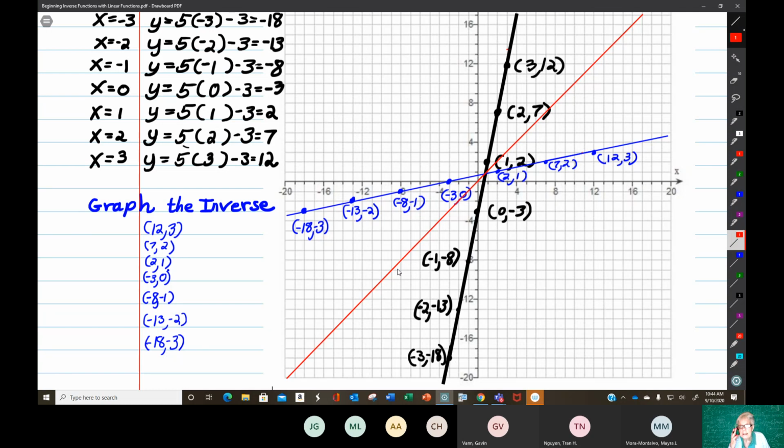And the idea of mirror images is going to be very important very soon, when we deal with something called transformations. Anyway, whatever the two inverses are that you're graphing, they will always be mirror images of each other across that red line, y equals x.